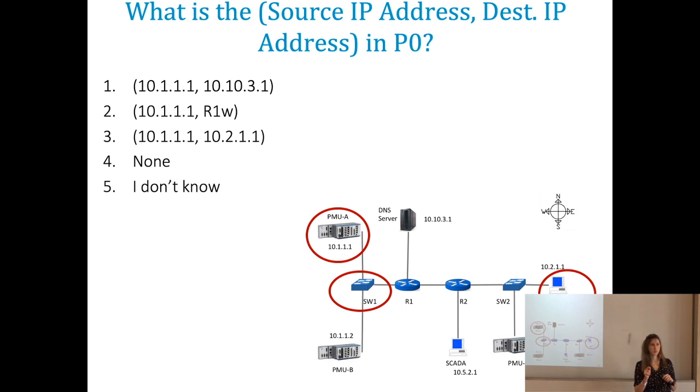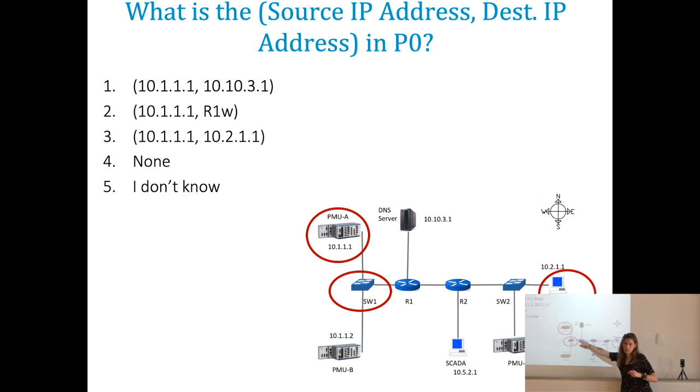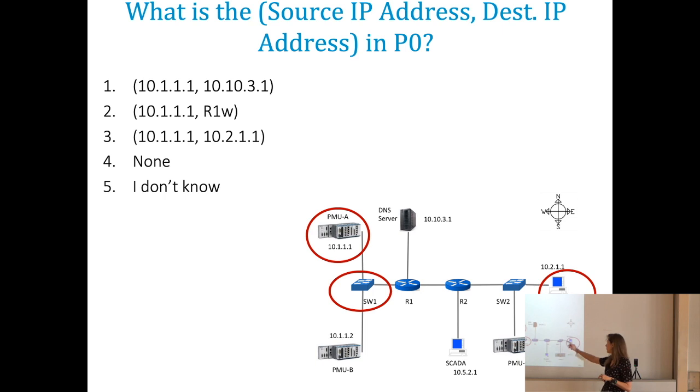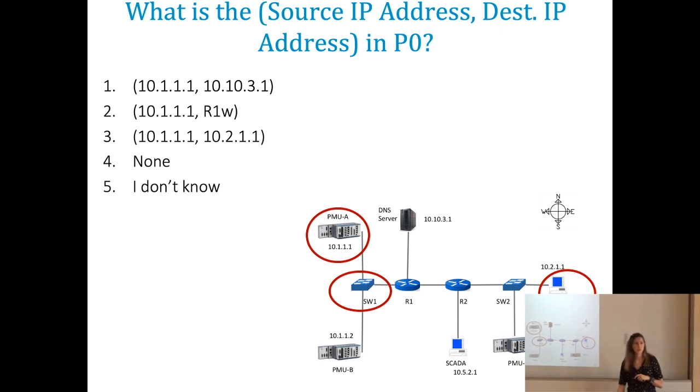Yes, yes. Okay. Who thinks it's the PMUA IP address as source, but the router's interface IP address for the destination? No one. And who thinks it's the source PMUA IP address and for destination the PDC IP address?